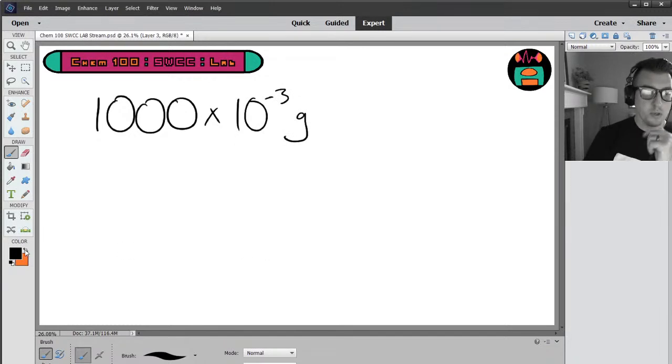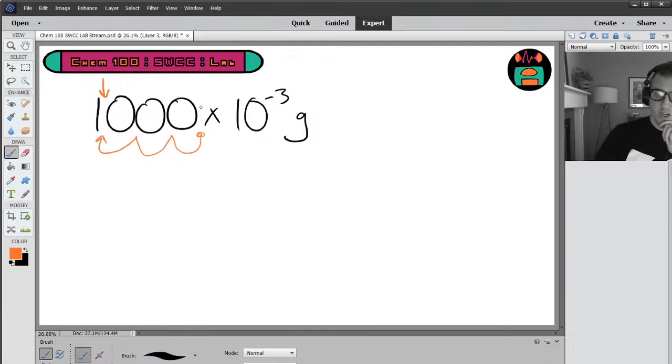All right, so again, we're looking for the first non-zero digit, which is 1. We're going to put the decimal there. Our current decimal is located right here, and we have to move it over 1, 2, 3. So notice what happens. We have to add 3 to our exponent of 10, and negative 3 plus 3 equals 0.